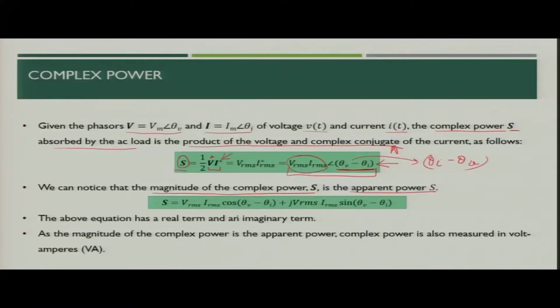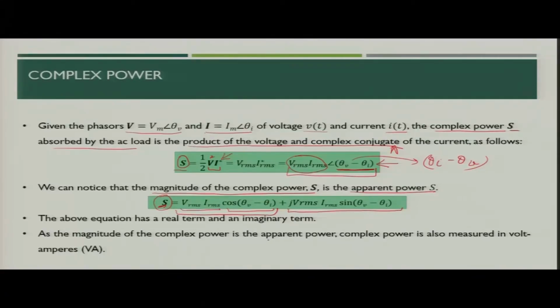If you write it in rectangular form, the complex power is nothing but Vrms Irms cos theta v minus theta I plus j Vrms Irms sin theta v minus theta I. This is something we have already derived, and that is called average power or real power, and this is the imaginary term which we got in the derivation of the complex power.